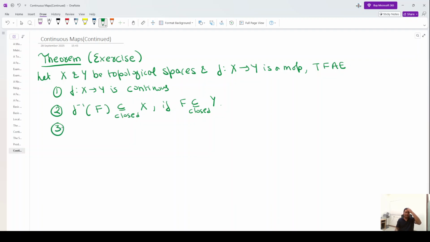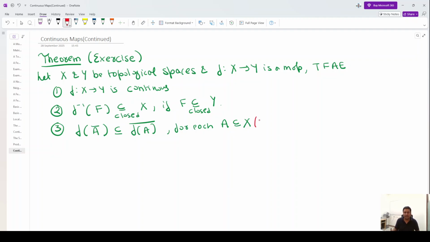Third, let me see what the third is because I forgot, but it is in fact very important: f of the closure of A is contained in the closure of f of A, for each A sitting inside X.